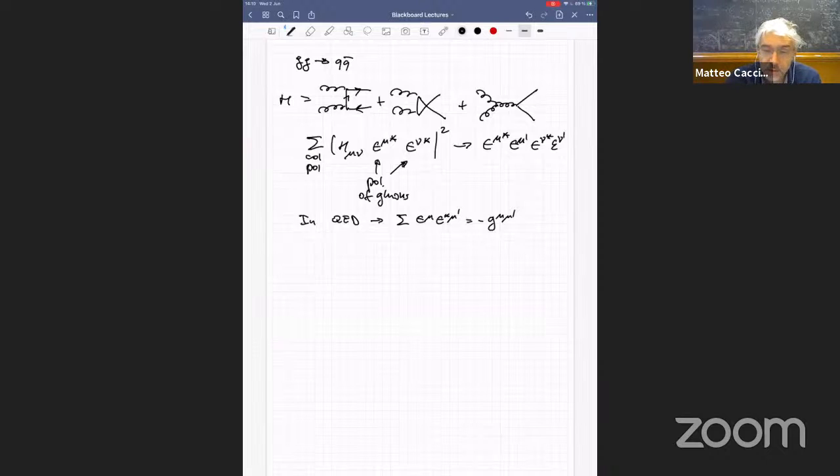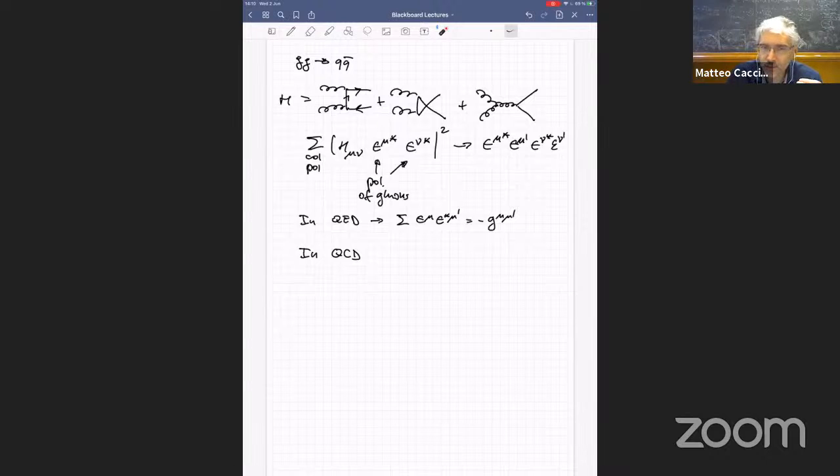In QCD, you are not so lucky. In QCD, you must do something different, because the tricky part here is that if you use this sum in QCD, there's no special warning, at least not immediately, that you're doing something wrong. You get something that looks sensible, but it's simply the wrong result.